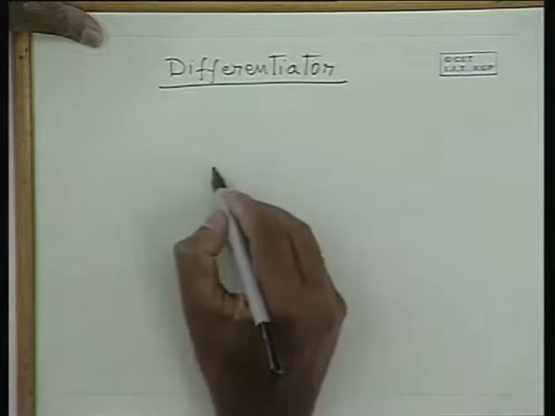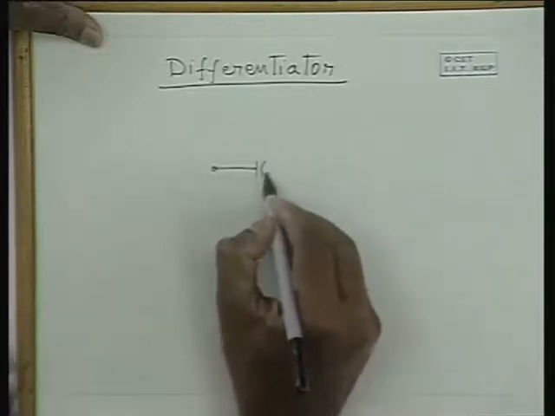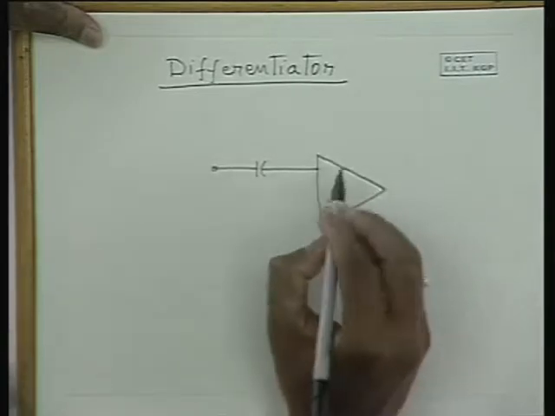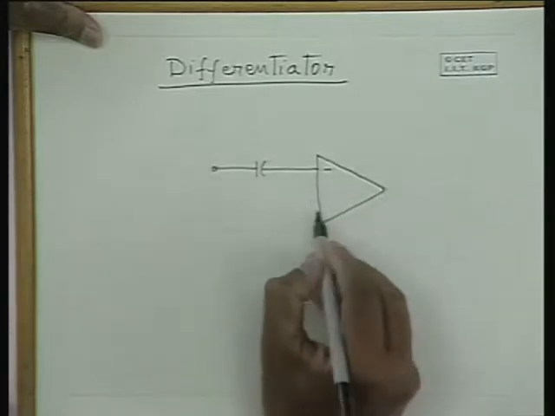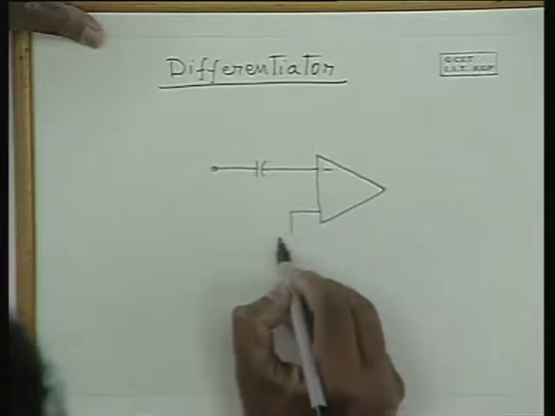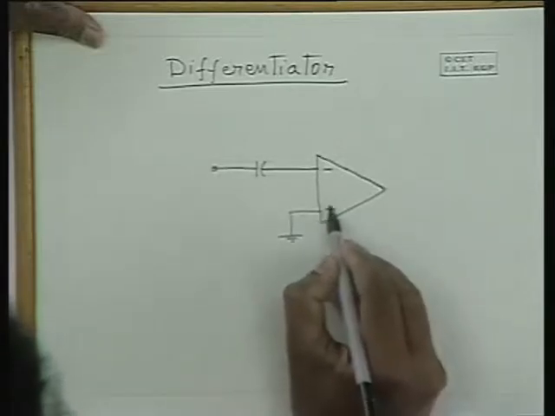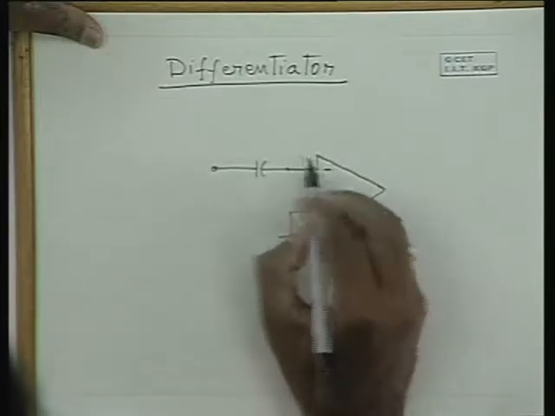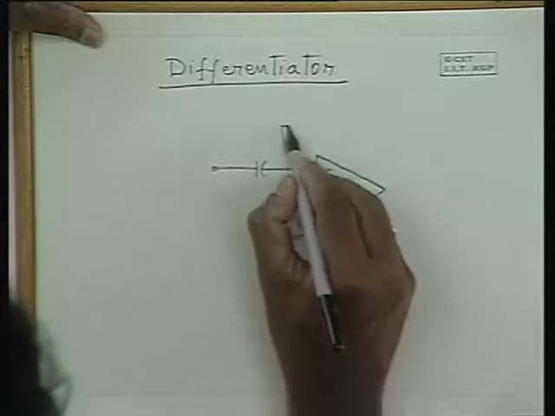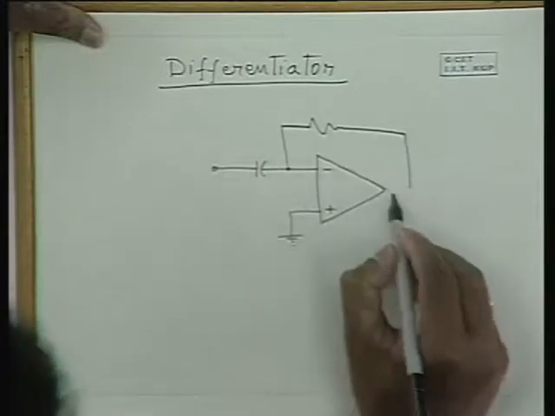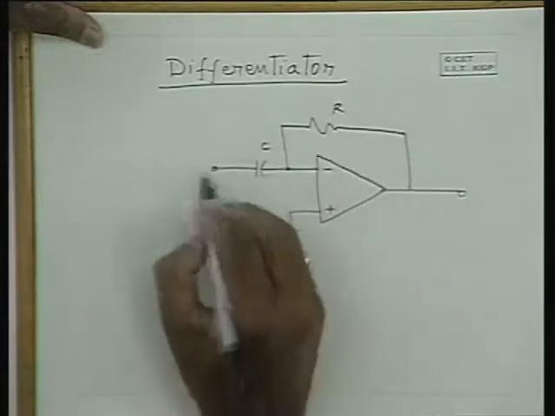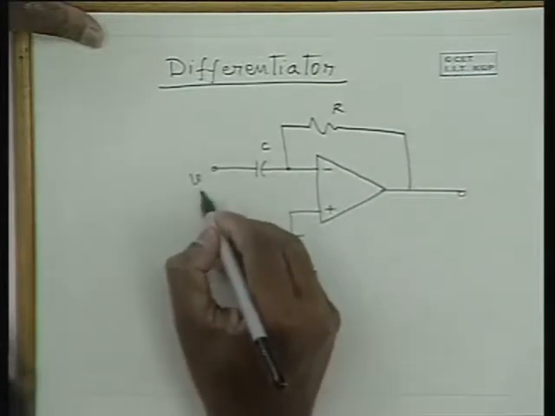Now a circuit which does the differentiation is as given here. So we use a capacitor at the input and operate the operational amplifier in the single ended mode and provide a feedback resistance R, and let this be C, and apply the input signal here.